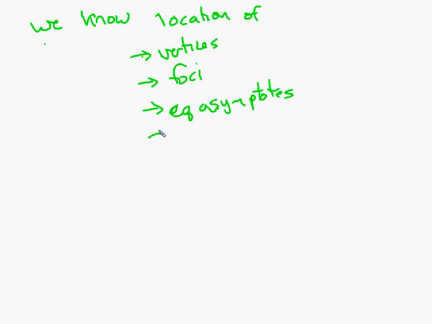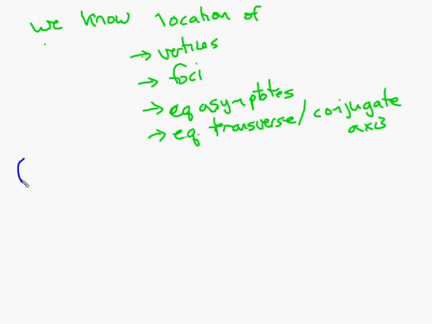And maybe, if we get to it, the equation of the transverse and conjugate axes. Now those are actually easy to get. If you know the center and the way it opens, those are easy to get. In fact, let's go ahead and start with those. Okay? So let's do this example.